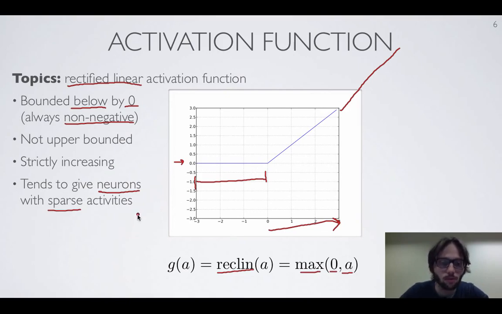So for this reason, we often get zeros as the activation of the neuron across many different inputs. And so for that reason, this neuron will have sparse activations or sparse activities. And so those are the 4 popular choices for the activation function of a neuron.